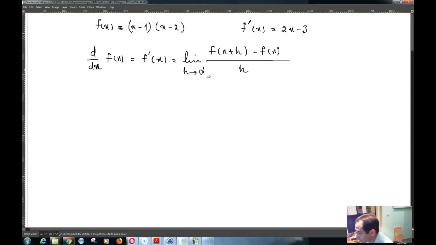Well, let's see if we can do this. So basically I need the value of f of x plus h here.